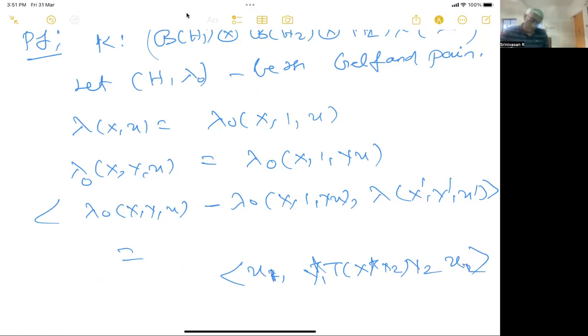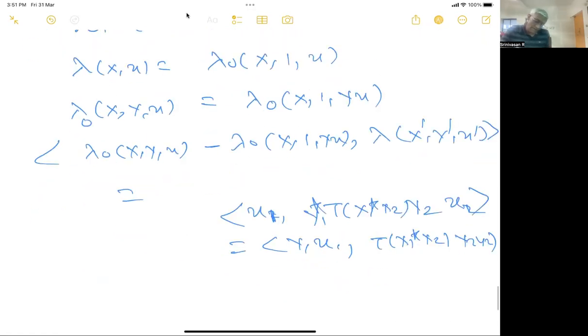Now this is equal to Y1 U1, T of X1 star X2, Y2 U2. Now you can forget about the y part. You take y to be 1 and take the number, or you can keep the y there and not here, one of them.